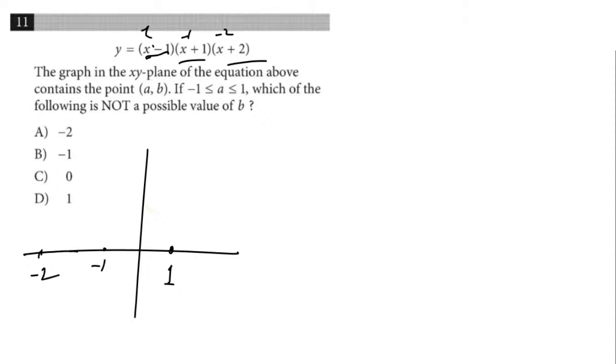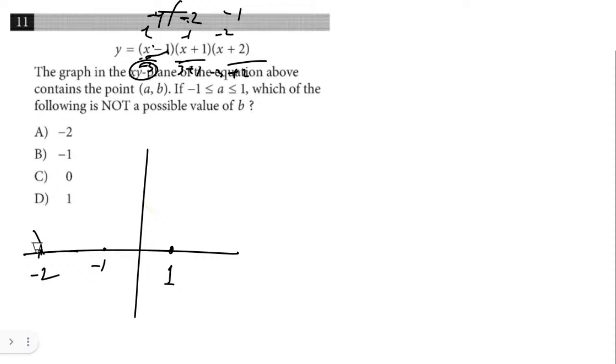So let's continue here and do the same here. Let's find out if it's negative or positive here. Let's put any number less than -2. Let's put -3. So -3 minus 1, it's -4. -3 plus 1, it's -2. -3 plus 2, it's -1. So minus minus is plus, multiplied by minus, so it's negative here.